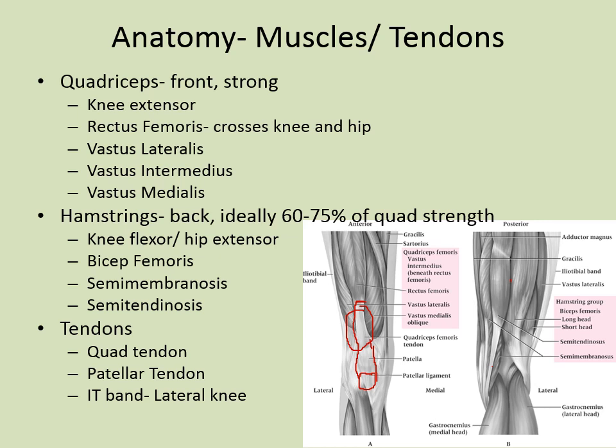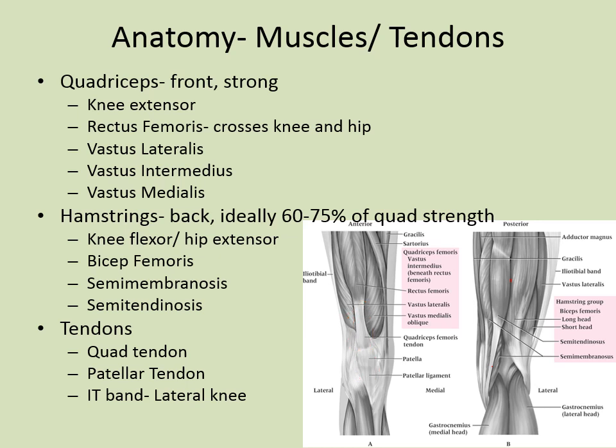A ligament attaches bone to bone only, and tendons attach muscle to muscle or muscle to bone. So I do think that it is more accurate to call it the patellar tendon rather than the patellar ligament.